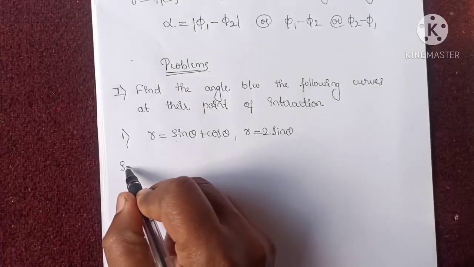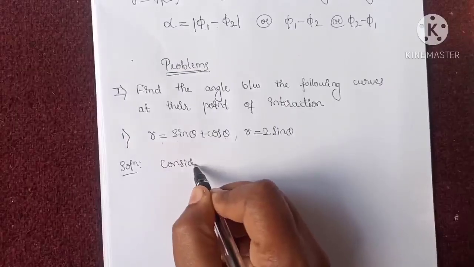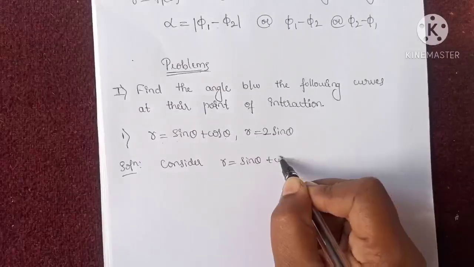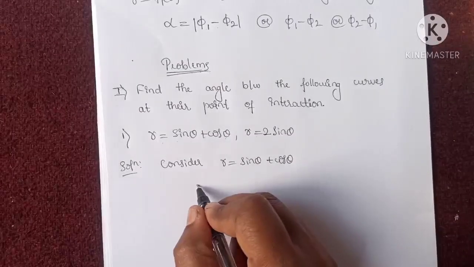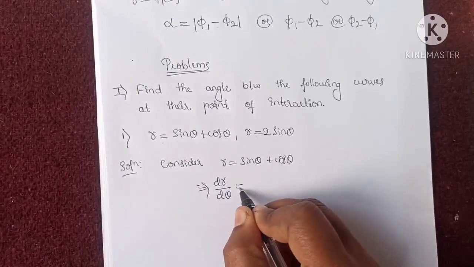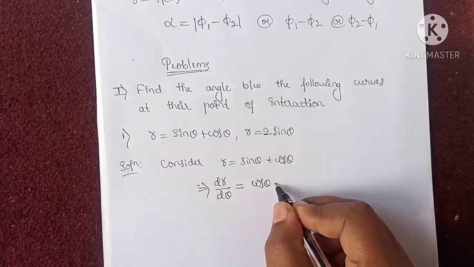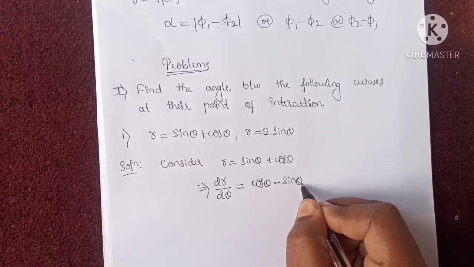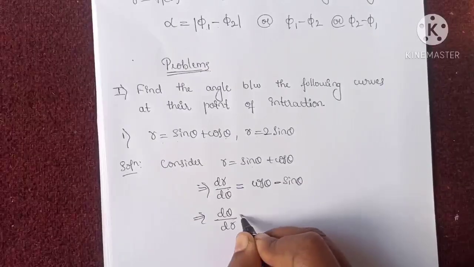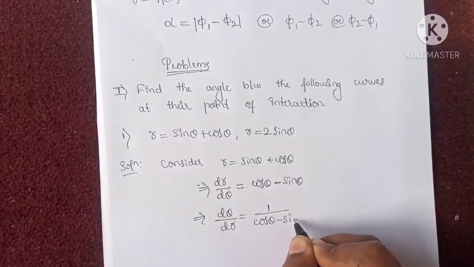Solution. First we consider the first curve, r equals sin theta plus cos theta. Differentiating, we get dr by d theta equals cos theta minus sin theta, since the differentiation of sin theta is cos theta and of cos theta is minus sin theta. Now taking the reciprocal, we get d theta by dr equals 1 divided by cos theta minus sin theta.